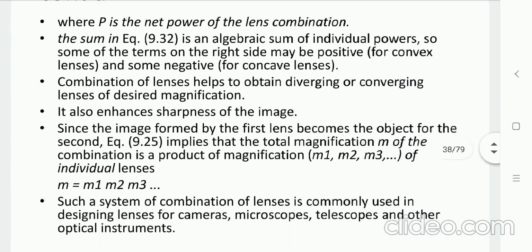So M equal to M1 into M2 into M3. This kind of combination of lenses is utilized in cameras, microscopes, telescopes, and other optical instruments.